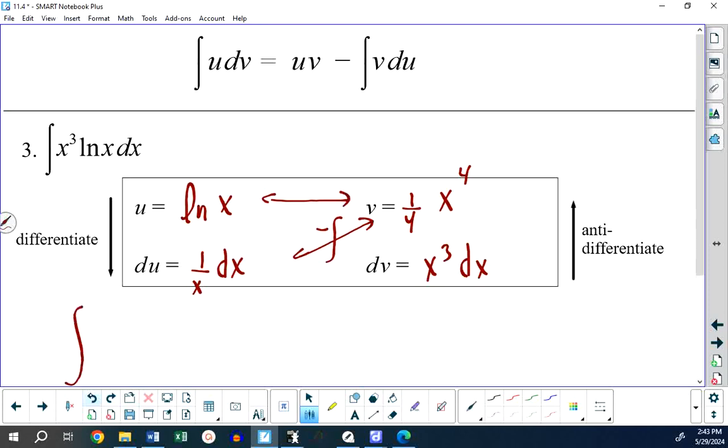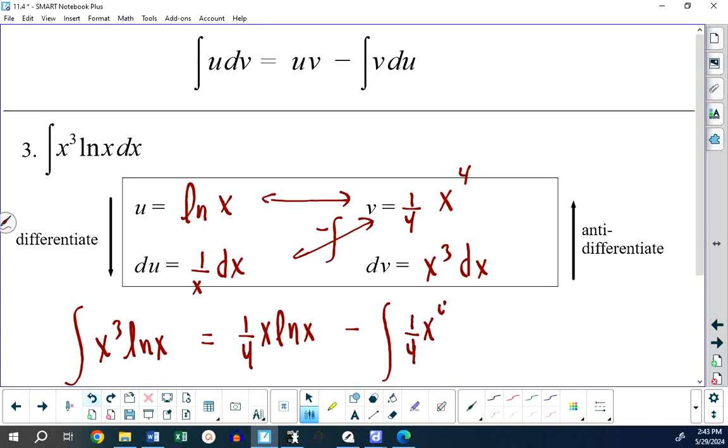So the integral of x cubed ln x is equal to 1/4 x to the 4 ln x minus the integral of 1/4 x to the 4 times 1 over x dx.